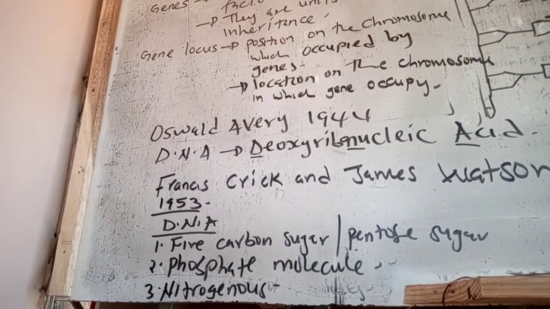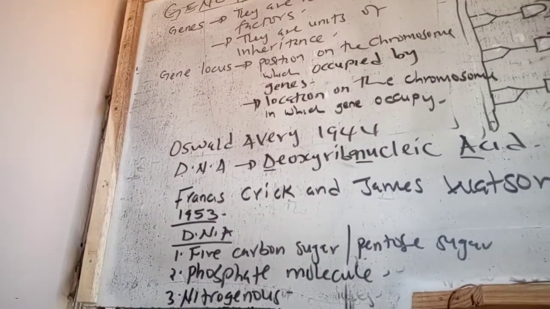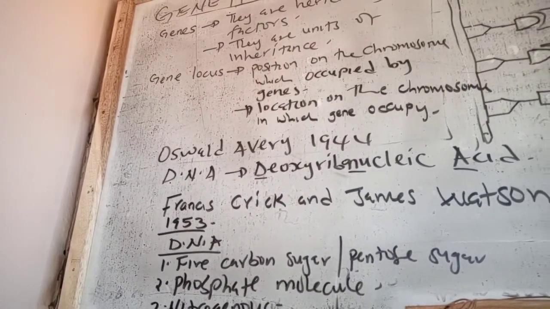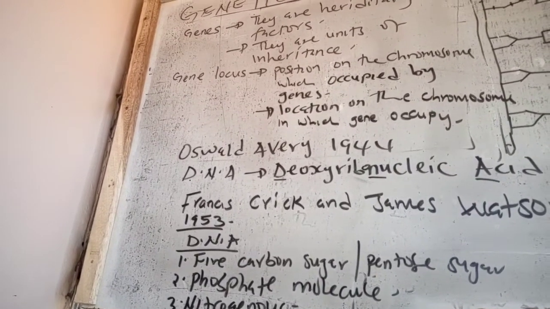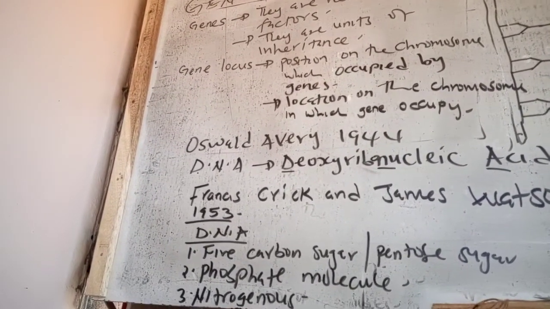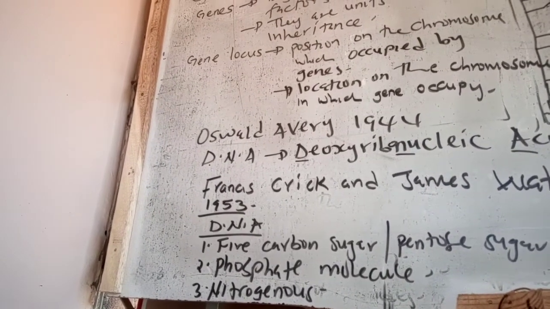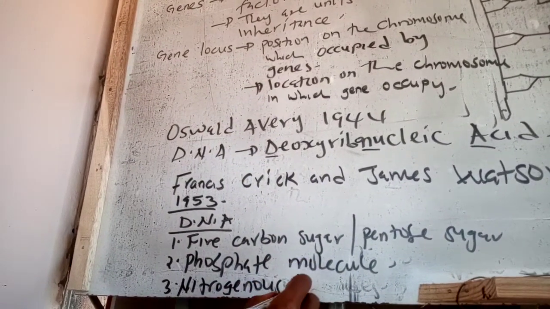They established that the gene, the DNA, is made up of 3 components: 5 carbon sugar or pentose sugar, the phosphate molecule, and the nitrogenous base.